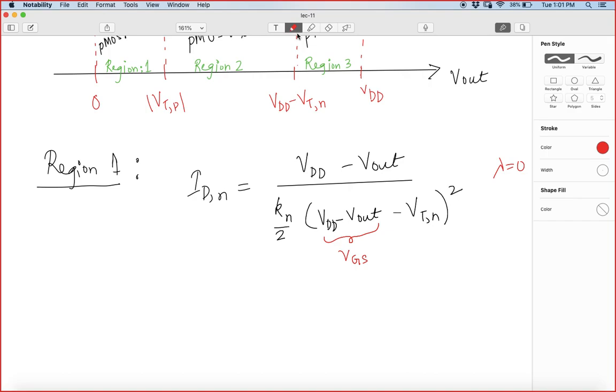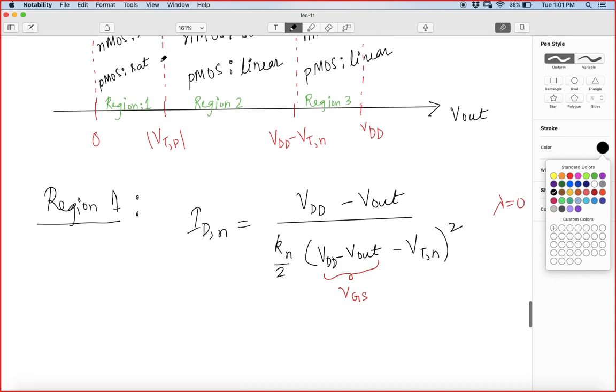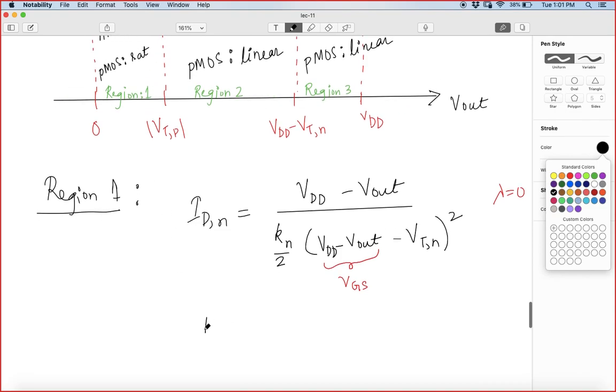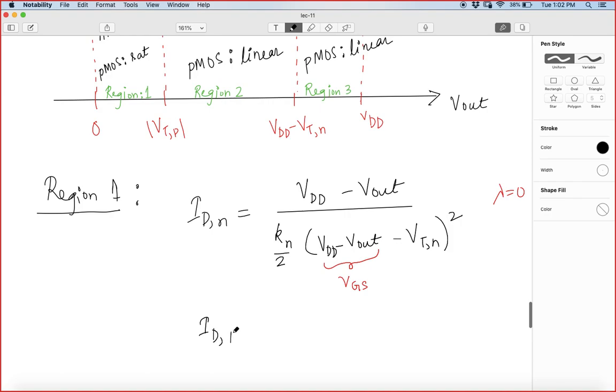NMOS in region 1. Similarly, because the PMOS is also in saturation region, I can write IDP equal to, again, the potential difference between these two, VDD minus Vout, because Vn is VDD.